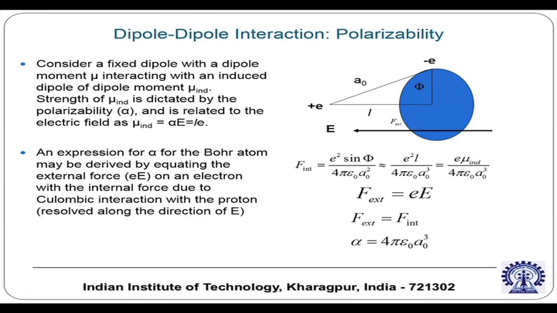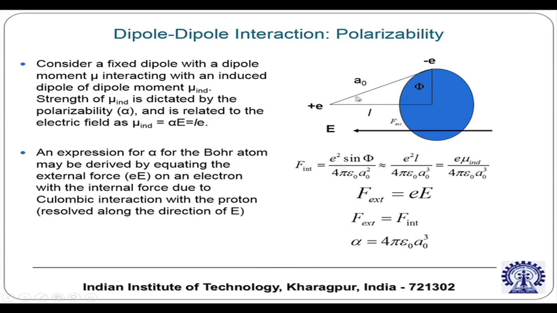An expression for alpha for the Bohr atom may be derived by equating the external force on an electron with an internal force due to Coulombic interaction with the proton, resolved along the direction of E. You can see that you have e squared sin phi, where phi is this angle.